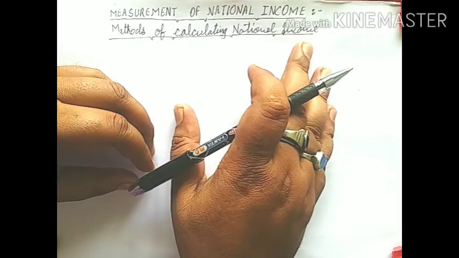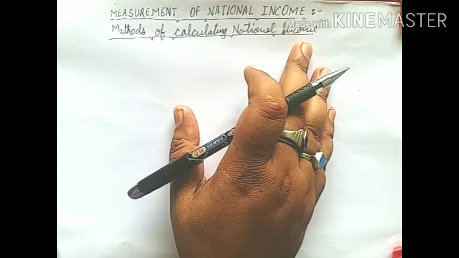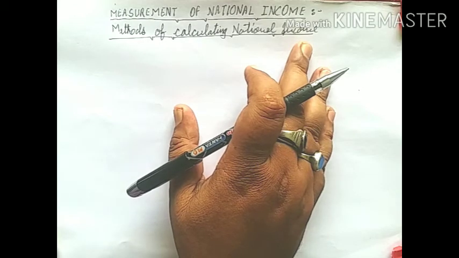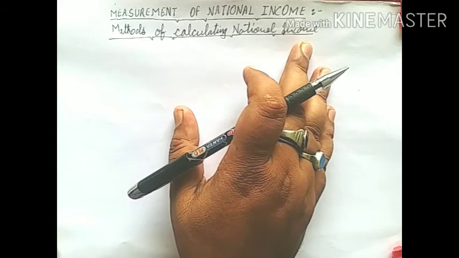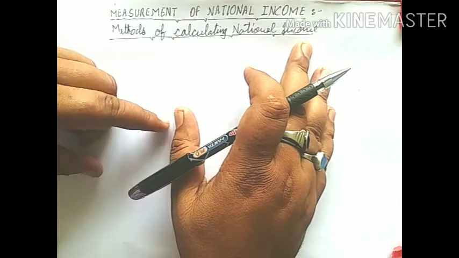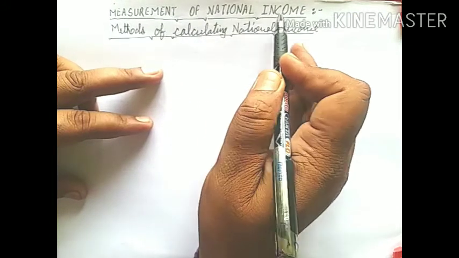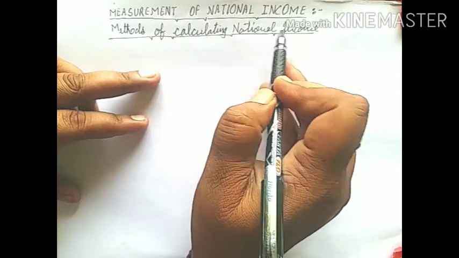So students, after completion of our last chapter, national income and related aggregates, today I am going to start the next chapter called Measurement of National Income, methods of calculating national income.